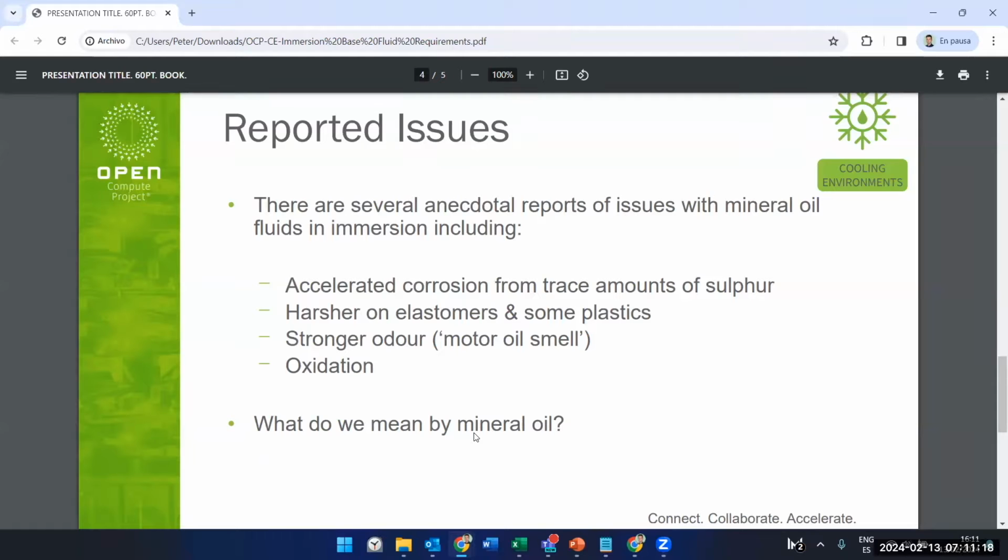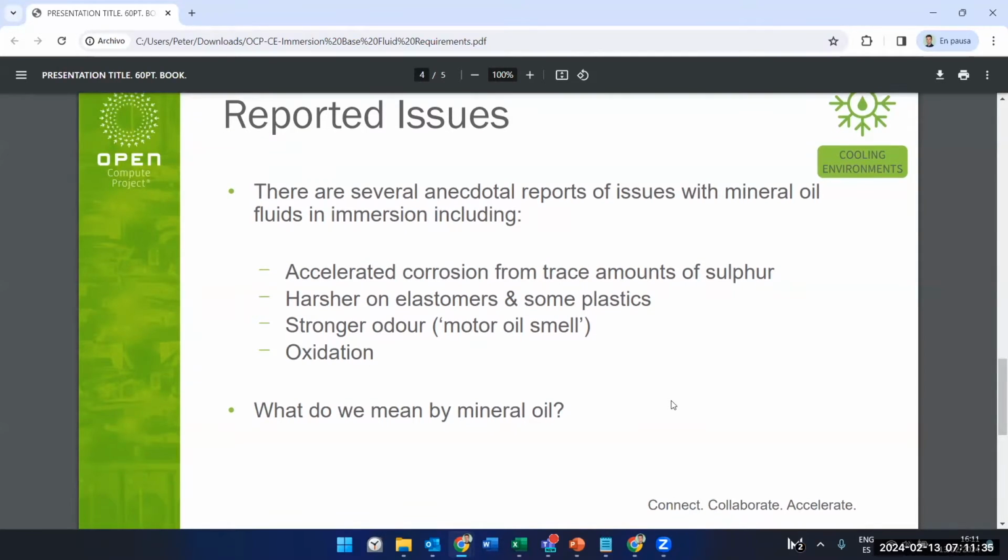People who are not coming from perhaps the industry that some of you are coming from would report things like a motor oil smell, and oxidation. By that I mean poorer oxidation over time.